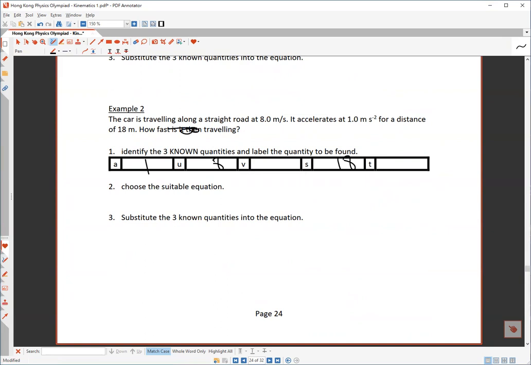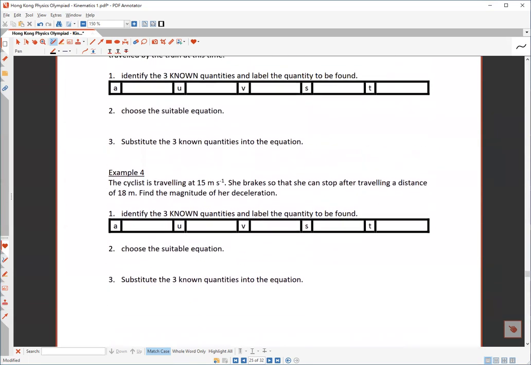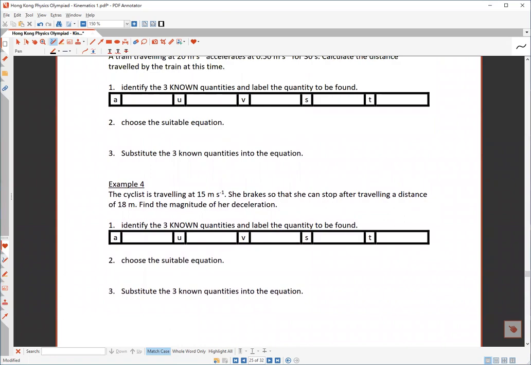How long does it travel? Then that means the time, so you use the equation s equals ut plus half at squared. If you want to find v, then you use v squared equals u squared plus 2as. That's it. All the other questions are something like that.